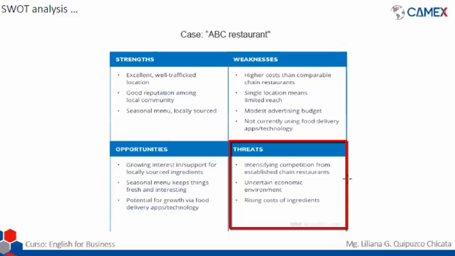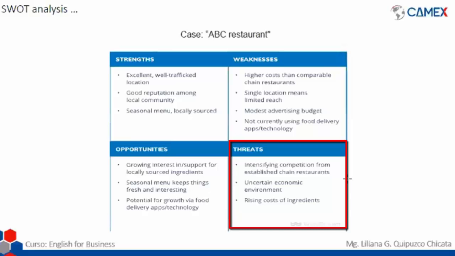There are more people that go into the mall to buy clothes or any kind of product and then buy food than just a regular little restaurant that's outside the mall. So if they intensify the competition, maybe by increasing their budget for advertisement, it will be bad for us, and it would be a potential threat that we might try to find a solution for.